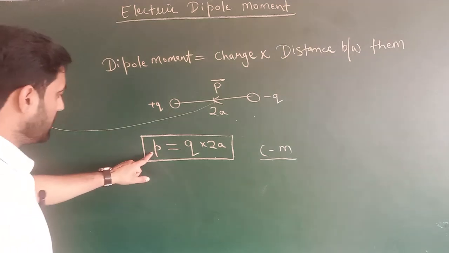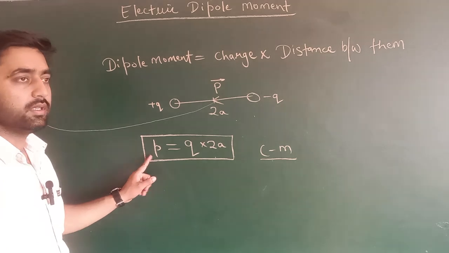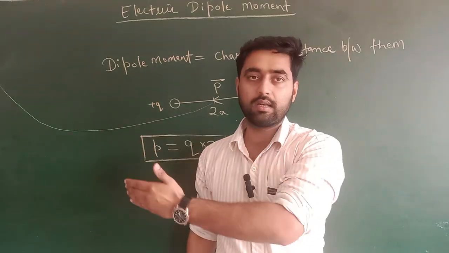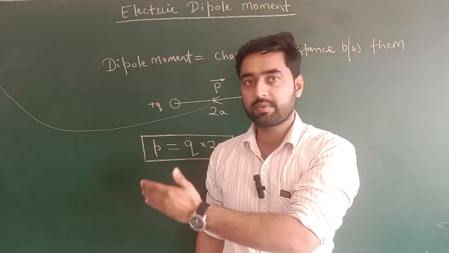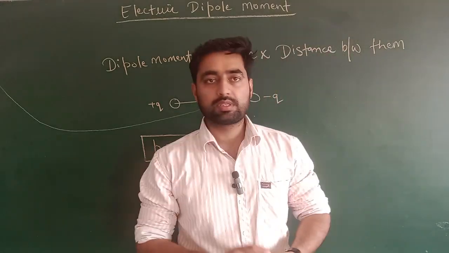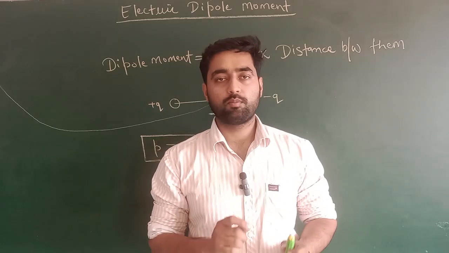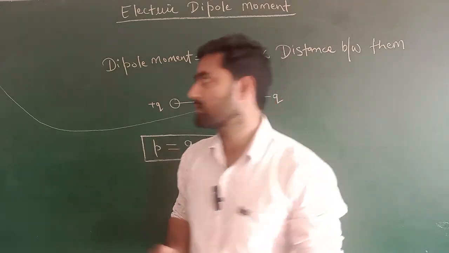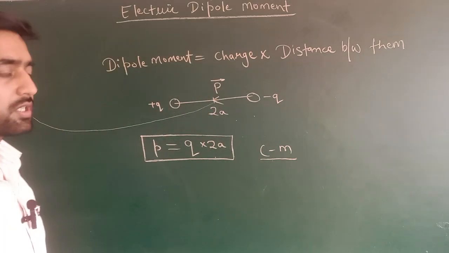As per this formula, if you want to represent the electric field on the equatorial point and on the axial point, you can also represent them in terms of electric dipole moment. What was the electric field on the axial point due to a dipole, which we considered as equation number 1?